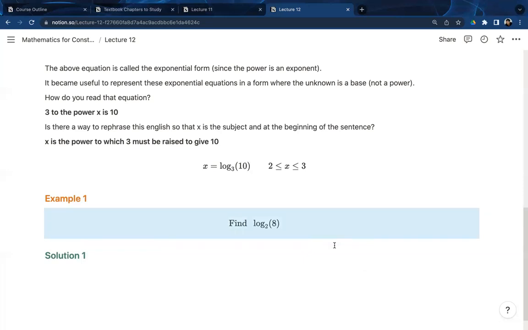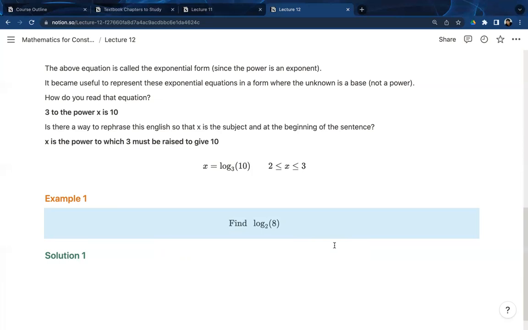What does that mean? Log 2 of 8. First of all, you see log, which means logarithm. So they're asking you for a power. From the notation that they use, what is the base? The base is 2. So they're asking you for the logarithm of 8 to base 2. So 2 to some power is 8, and they want to know what that power is. That's basically what they're asking you there.